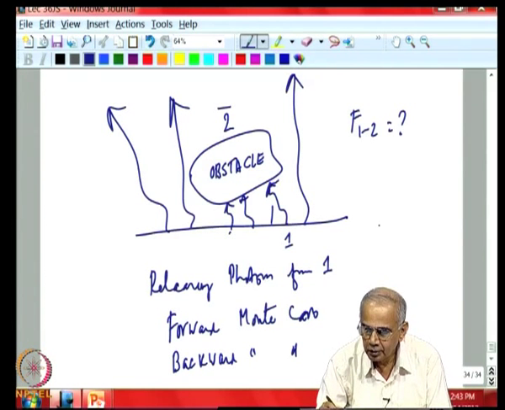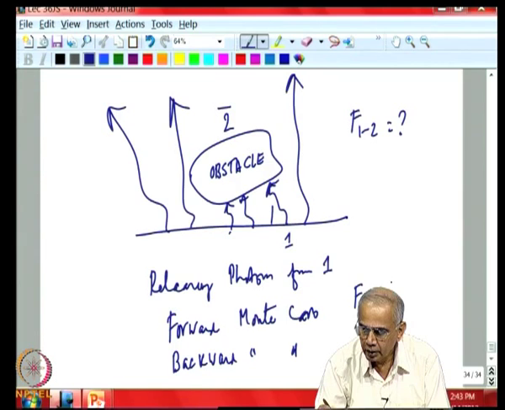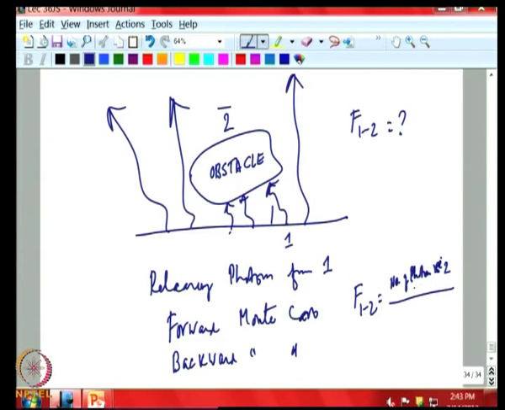So, this F12 will be number of photons reaching 2 by number coming from 1.